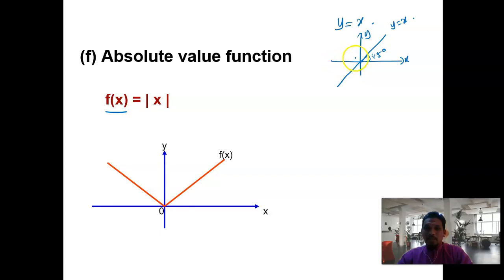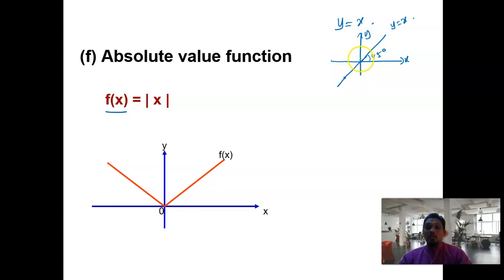From here there is also negative x and negative y, positive x and positive y. At this point the value of x is positive and y is positive, and at this coordinate here, x is positive, y is negative.